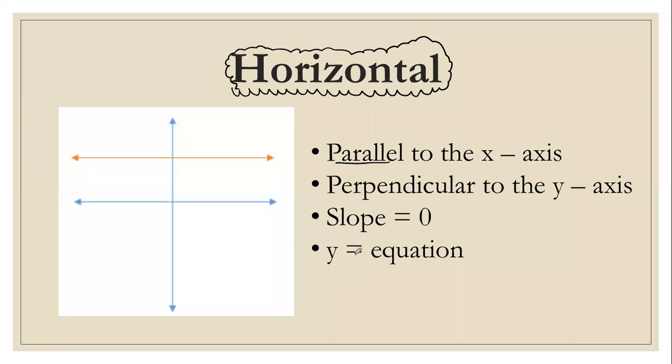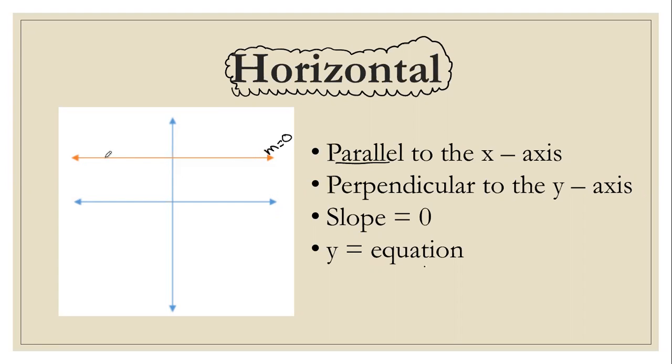Second fact you need to know is that a horizontal line is a y equals equation. So let's break that down real quick. This line has a slope of 0, and it is a y equals equation.